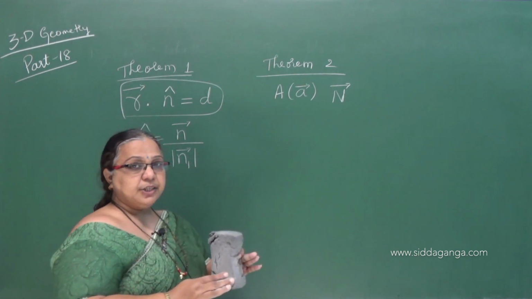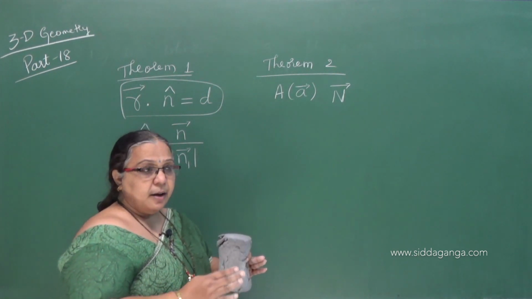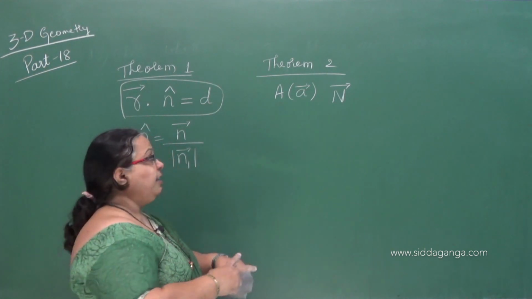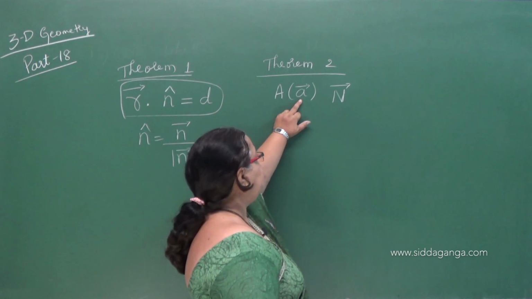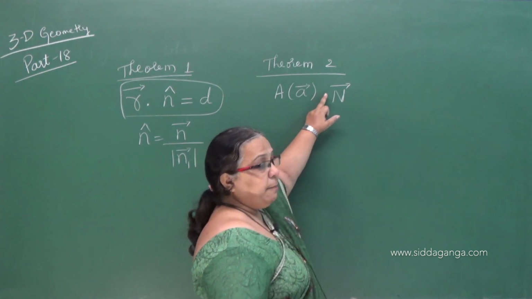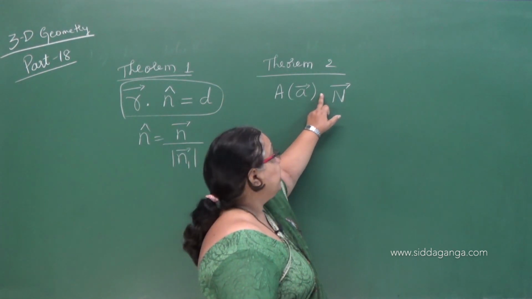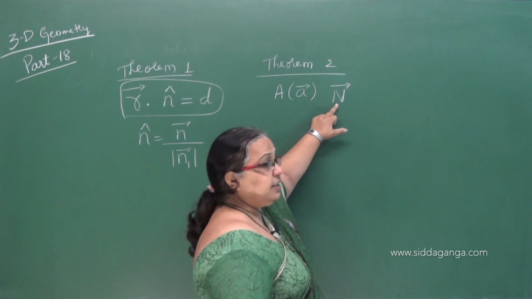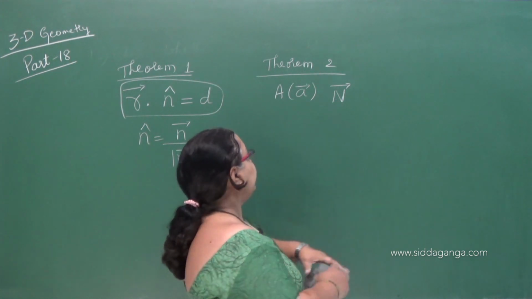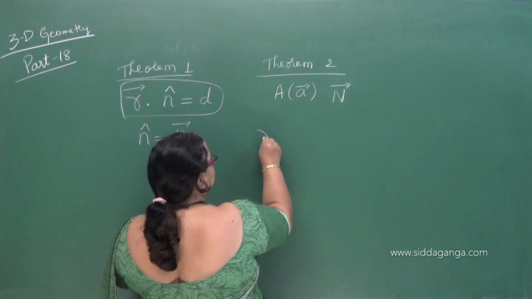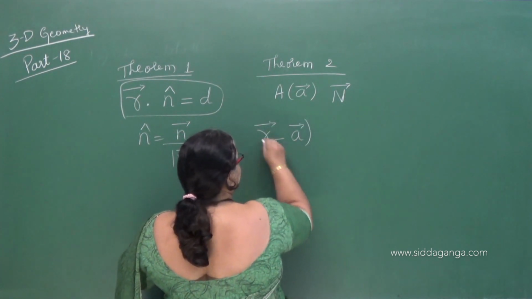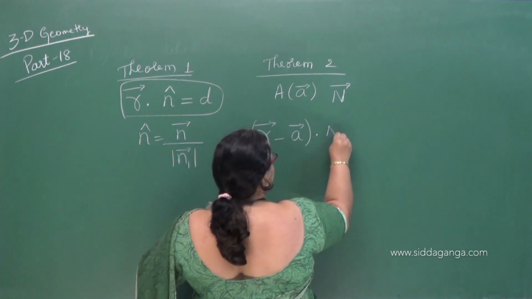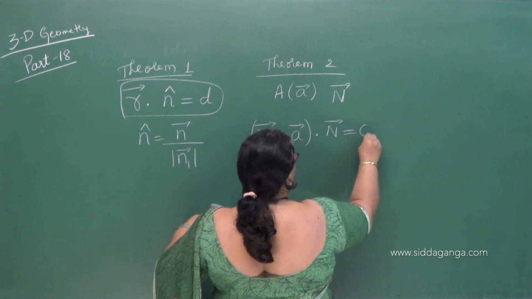The equation of the plane passing through a given point whose position vector is vector A and is perpendicular to the given vector, that vector is denoted by vector n, and it is given by (vector r minus vector A) dot vector n equal to 0.